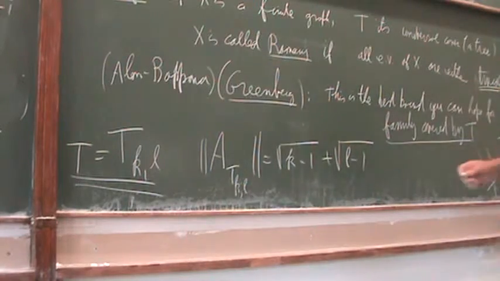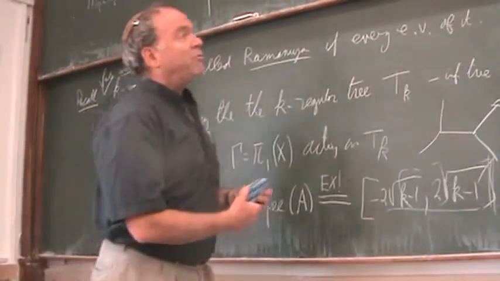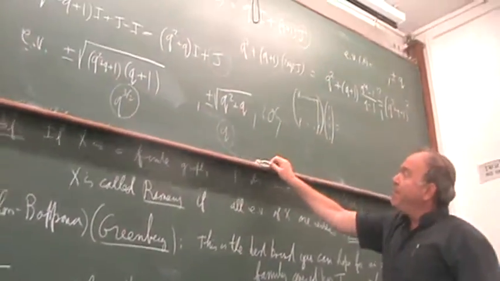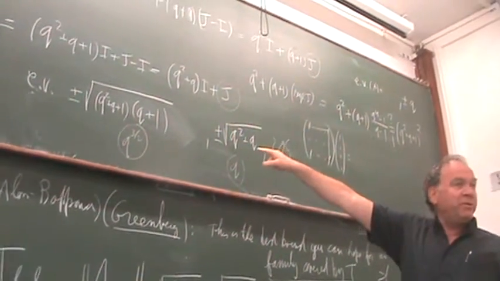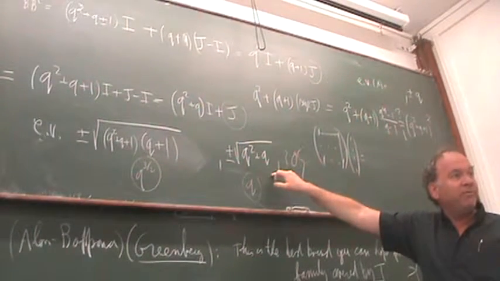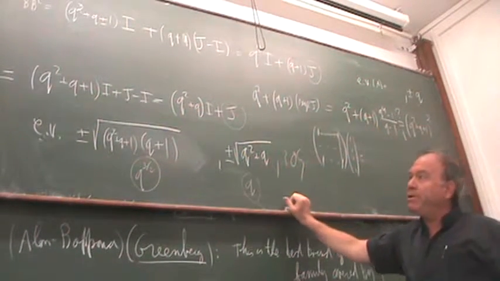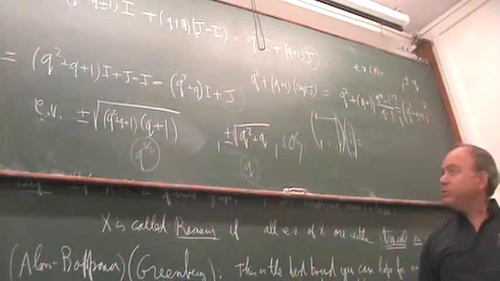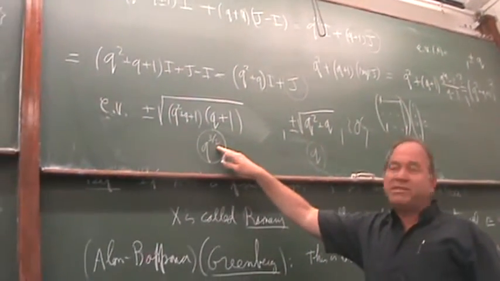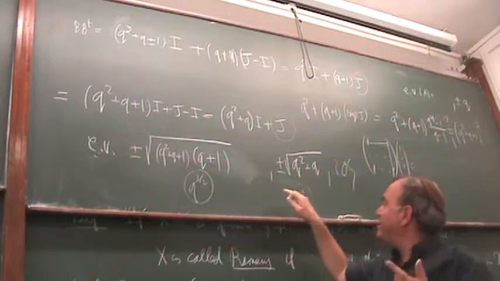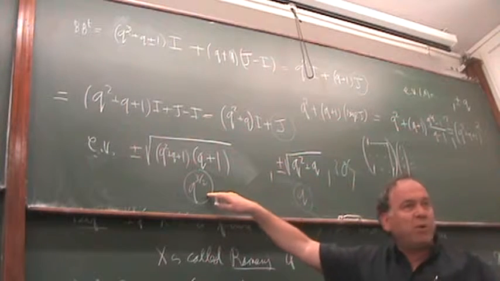Anyway, all this was a long remark in order to explain what we discover now. After all this big story, let's go to the example we computed. And I claim that this is Ramanujan. Why? Before that we thought that maybe it's not Ramanujan because the largest degree is q to the 3 over 2, the second one is q, and it's not the square root of it.